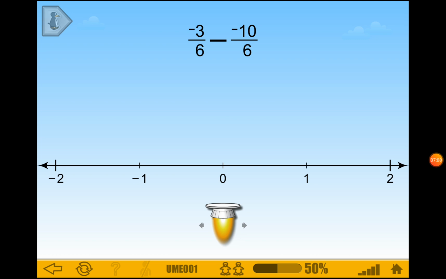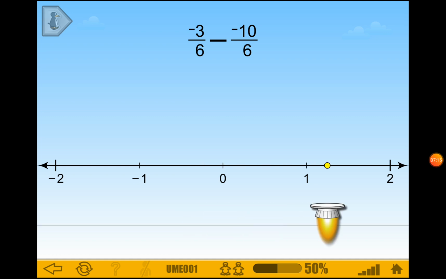So now we have -3/6, so -3 plus 10 is 7, and the denominator is 6, so this is 6/6, then this is 7/6.